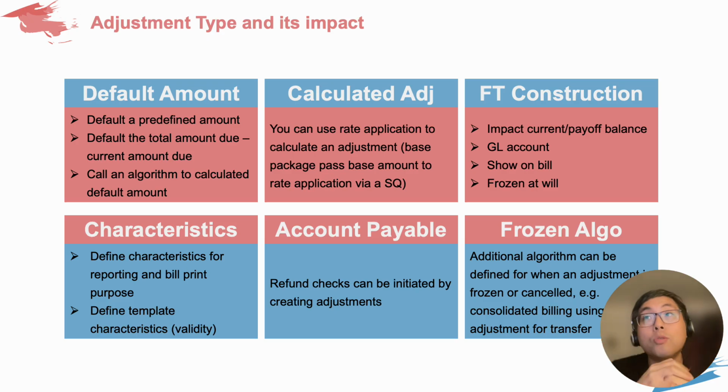You normally use a transfer adjustment so that the child transfers the billable amount to the parent, so the parent generates the statement with a suite of child accounts, and the child account doesn't generate bills. This is how consolidated billing has worked in some projects, and this is a very good case of using adjustment.